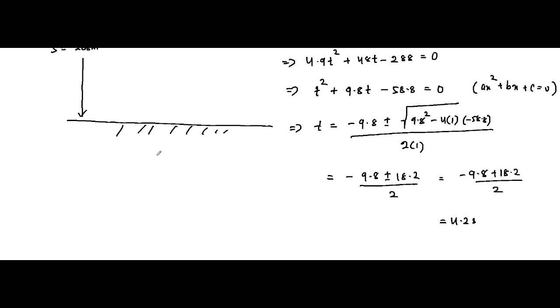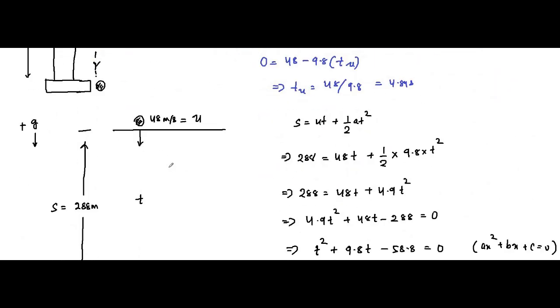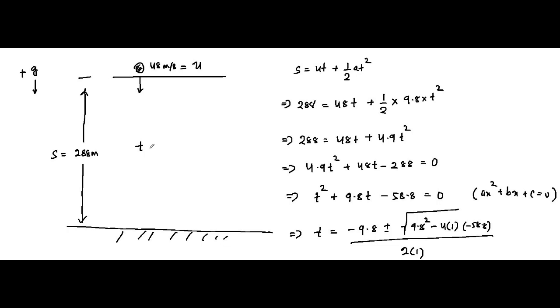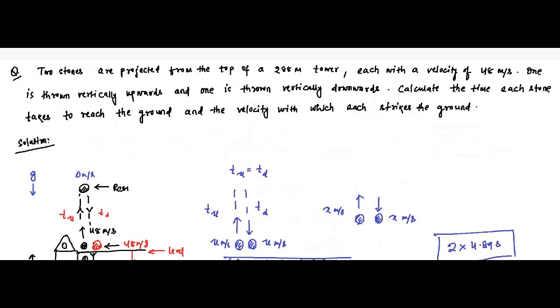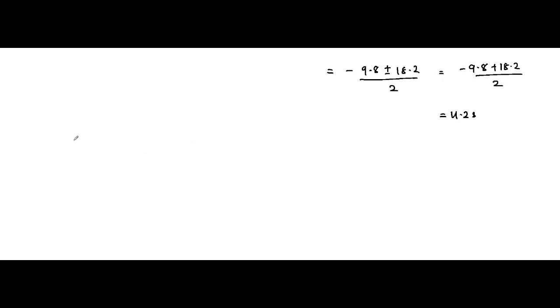So again let us clear something out. This is 4.2 seconds. Now if we consider the journey of the upward moving stone, the stone which was thrown upwards first took 4.89 seconds to go up to the highest point it can go, finally coming to rest.